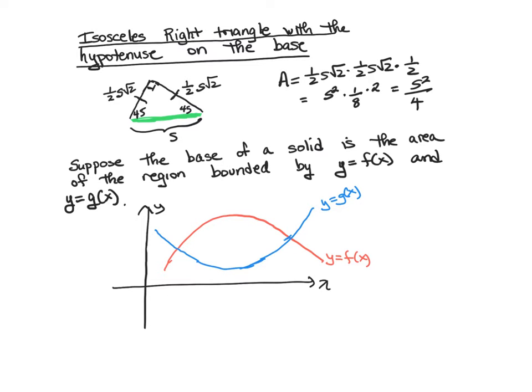From x equals a, so let's say these are the intersection points, to x equals b. To get the area bounded by these two curves, the area would simply be the definite integral from a to b of the top curve, which is the red one, minus the bottom curve, which is the blue one.